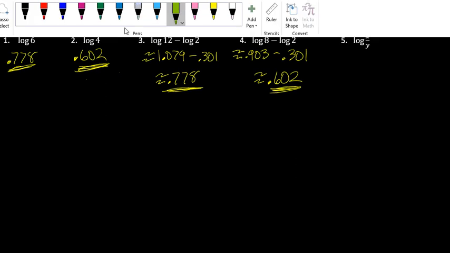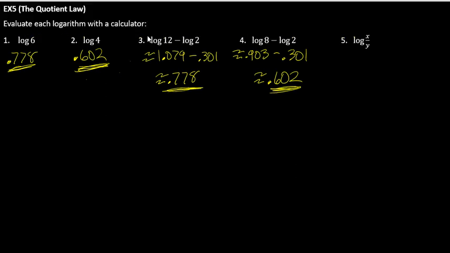Okay, so let me use something that's going to stand out more. 12 divided by 2 is 6, and we had our answers matching here. Fair enough. 8 divided by 2 is 4, and we had our answers matching here. So what is our generalization?